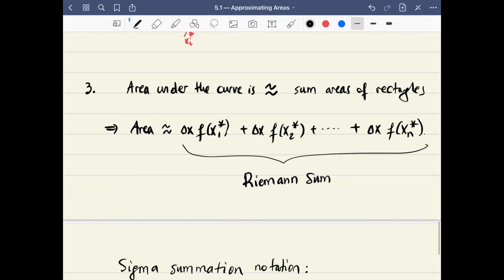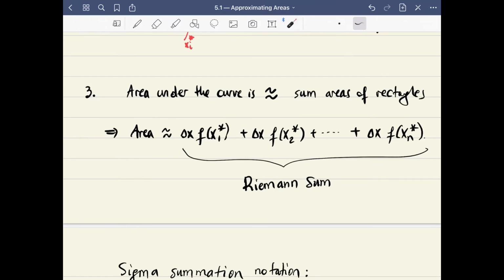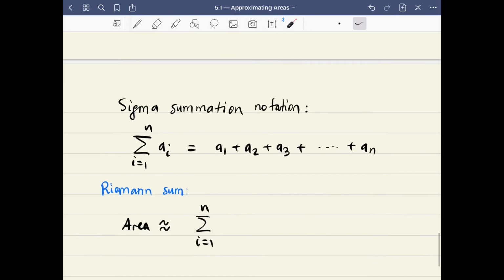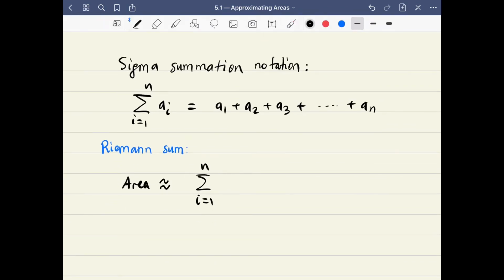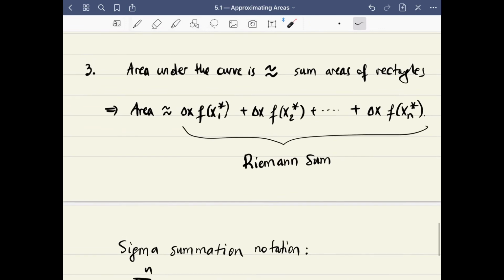Now, note here that everything is the same. Delta x is the same, delta x is the same, delta x is the same. The only thing that changes is this index here. Okay, it goes from 1 to n. So we're going to write the sum of delta x f of x sub i star. Okay, and this sum here is exactly this sum here.